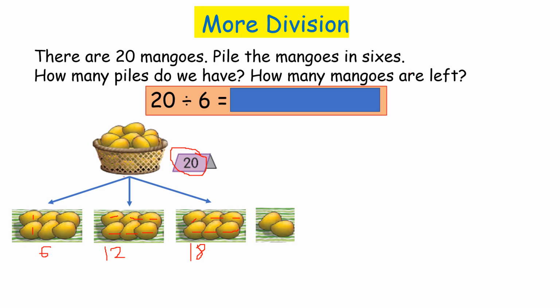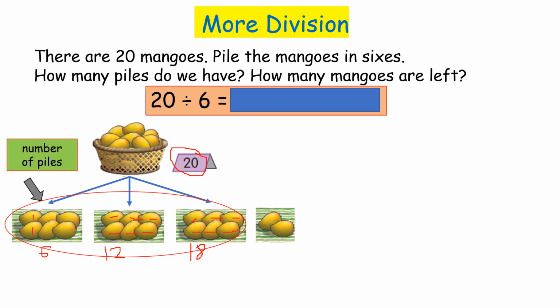So this one cannot be grouped in sixes because there are no more mangoes. So class, there are only 3 groups of sixes, or there are 3 piles of mangoes.